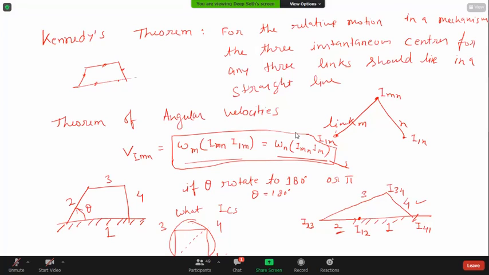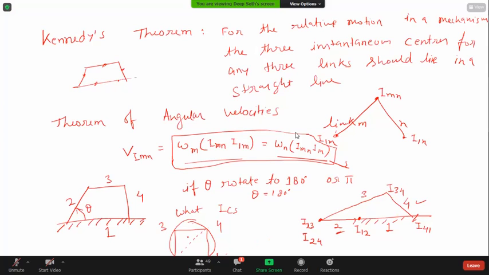Normally we have to extend the opposite links, which are connecting 2 and 4. So 3 and 1 you have to extend, and where are they meeting? They are meeting at the same place where you have I13. So at the same location you will also have I24.